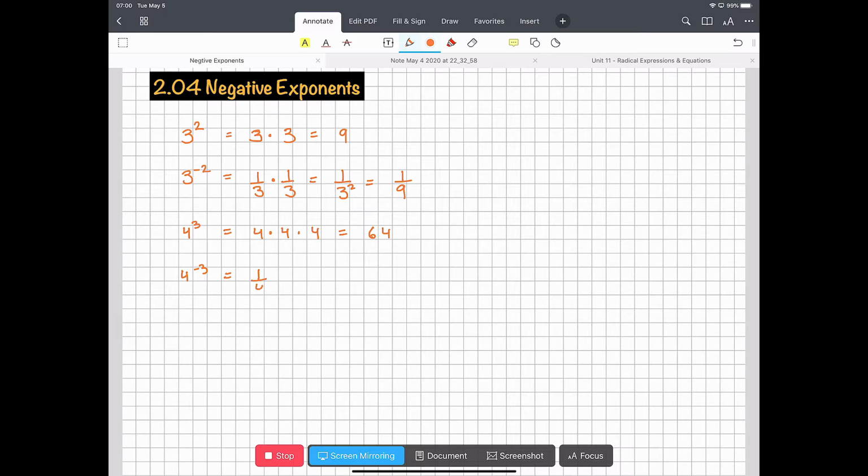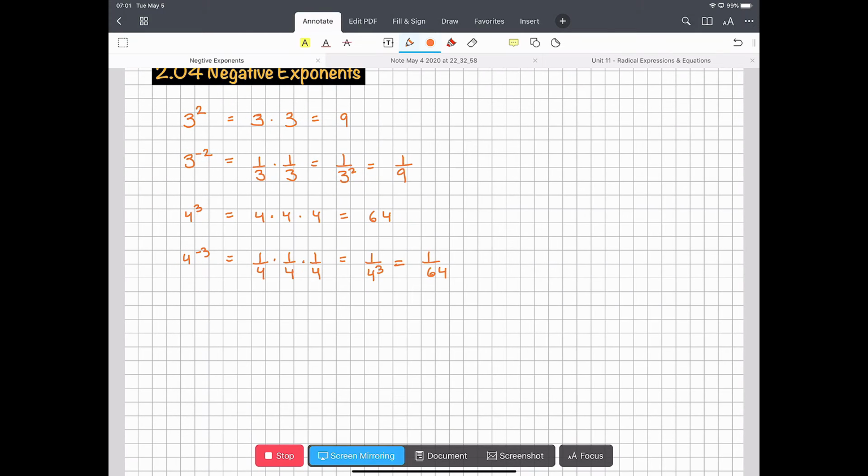So it'd be 1/4 times 1/4 times 1/4 in expanded form. If I rewrite this now with a positive exponent, it's 1 over 4 to the third, which is the same as 1 over 64. So that's the big takeaway of negative exponents, reciprocals of the positive.